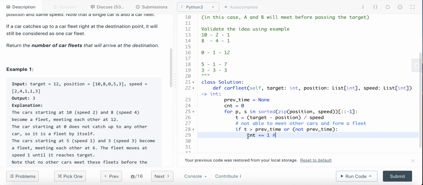So that's why we increase the count by 1. And then after that, we know we have a new slower car, or it takes longer for this car to reach the destination. So that's why we update this previous time to this longer time.